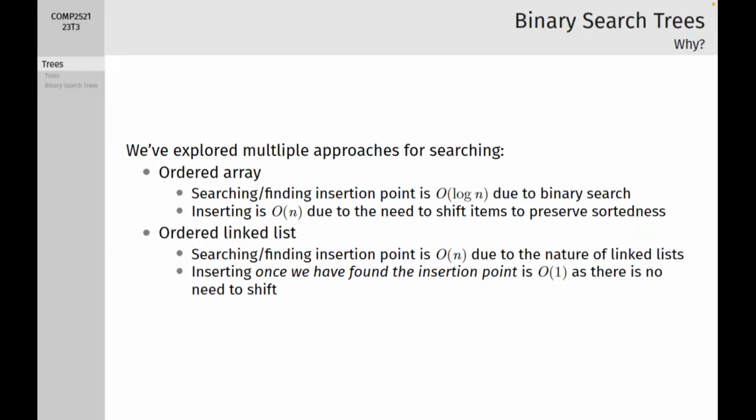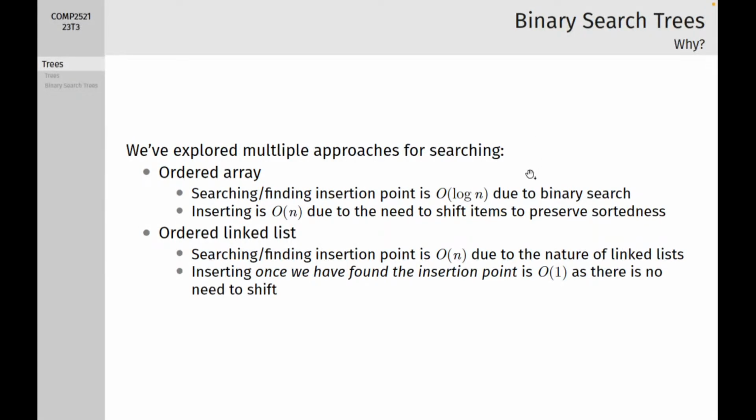So we can find where to insert or search very efficiently. But inserting is O(n), because we need to shift items up or down to preserve the order of the array.